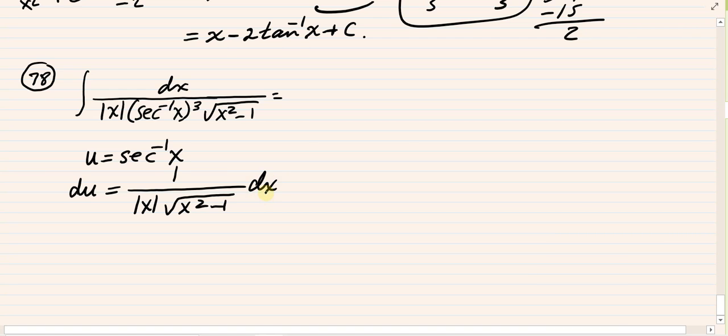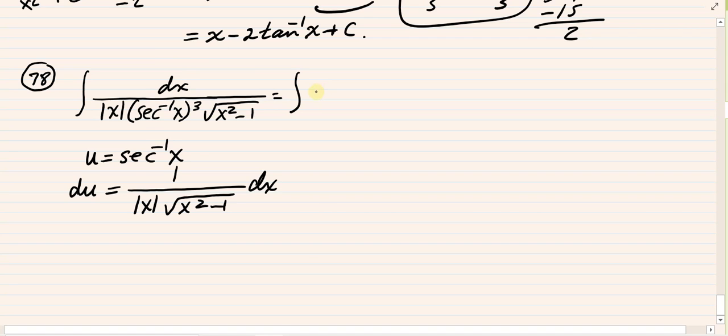So that's good. We are actually given this whole part of the integrand, and that is all going to turn into a du for us.